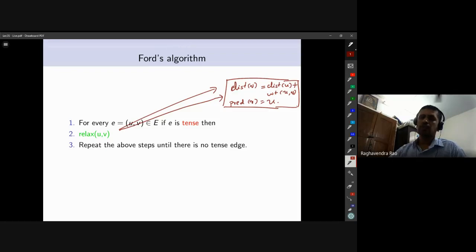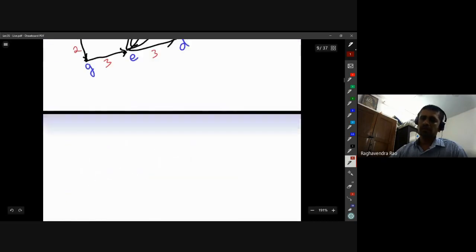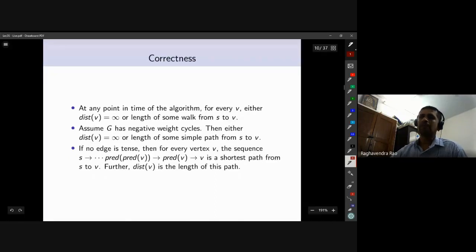We didn't prove the correctness of Ford's algorithm. We just stated some conditions which would give us correctness. In today's lecture, we will be looking at an implementation of this.